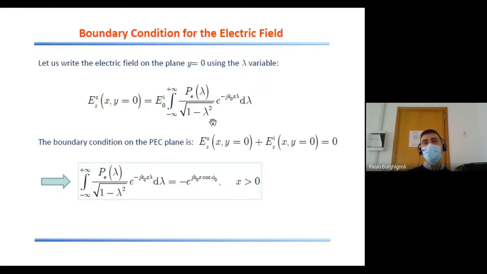So now we are ready to enforce the boundary condition on the perfectly conducting half plane, which tells us that the sum of the scattered and the incident field must be equal to 0 there.